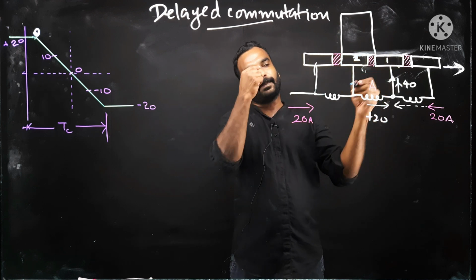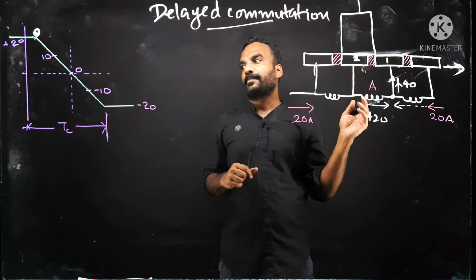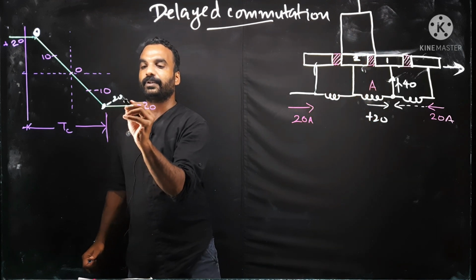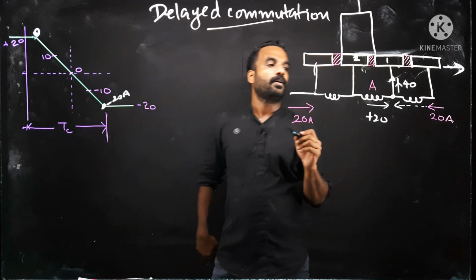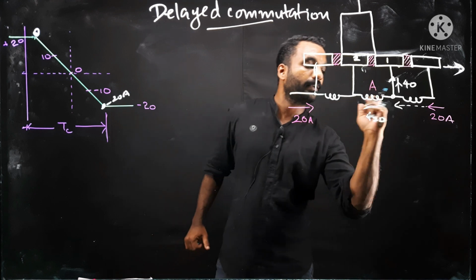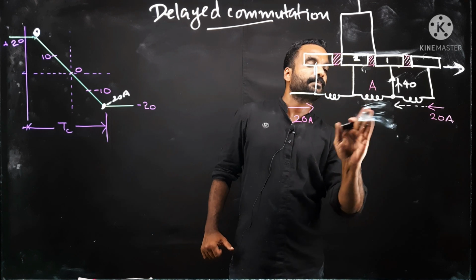No contact with segment 1. This is the last position where we will get minus 20 ampere. Can you explain how we are getting minus 20 ampere?